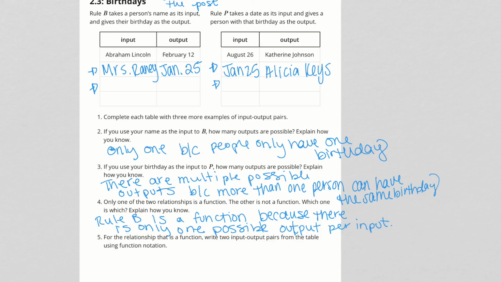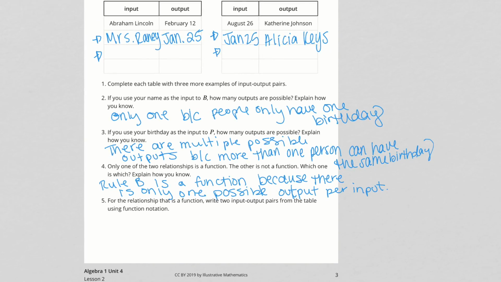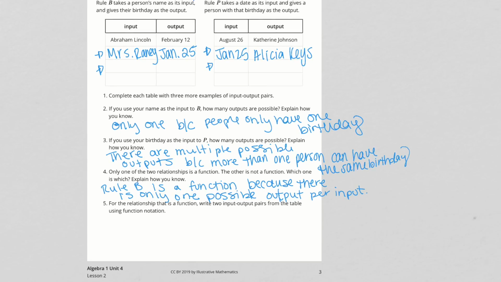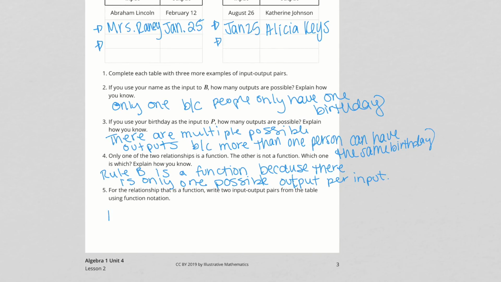For the relationship that is a function, write two input-output pairs from the table using function notation. So from the first one, since it's rule B, we're going to use B for our function. So B of Abe Lincoln is February 12th.